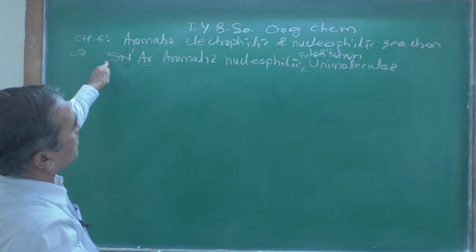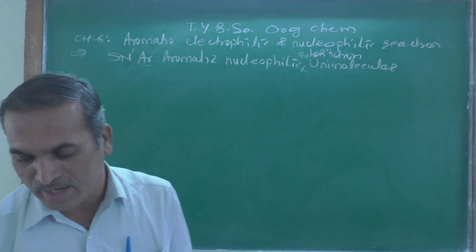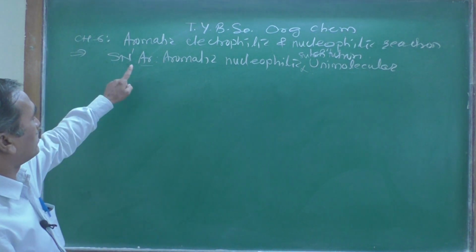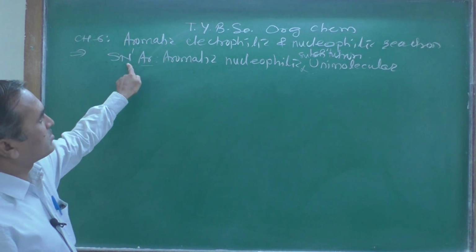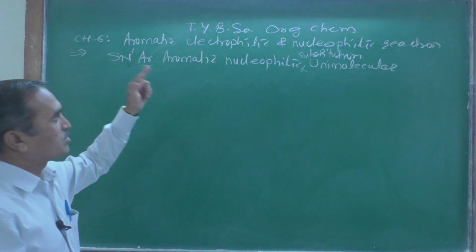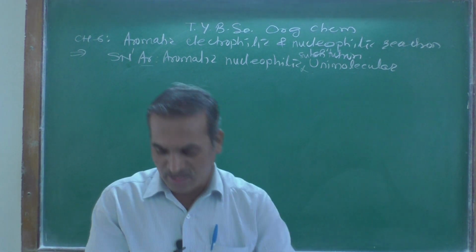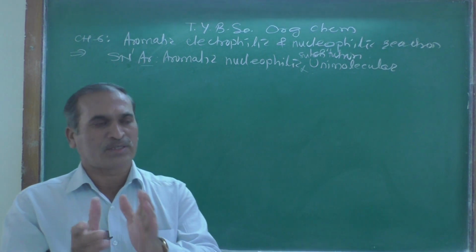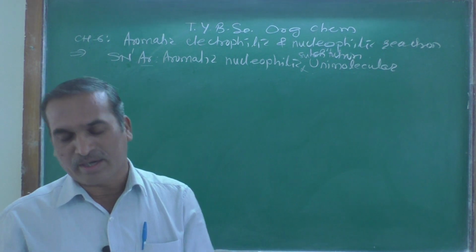Aromatic nucleophilic substitution unimolecular reaction. In this way you can remember the short form of this, SN1AR. AR means aromatic, N stands for the nucleophilic, S for the substitution and 1 for the unimolecular. So this is a general term used here for SN1 unimolecular reaction.